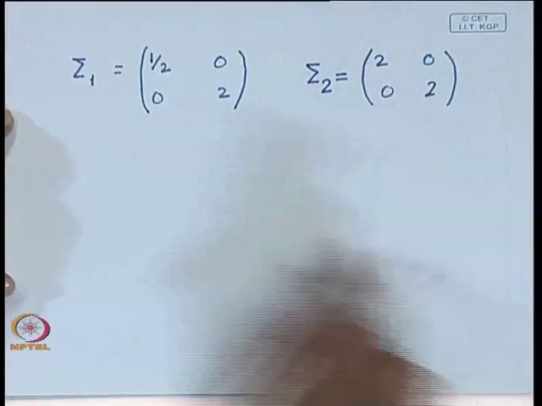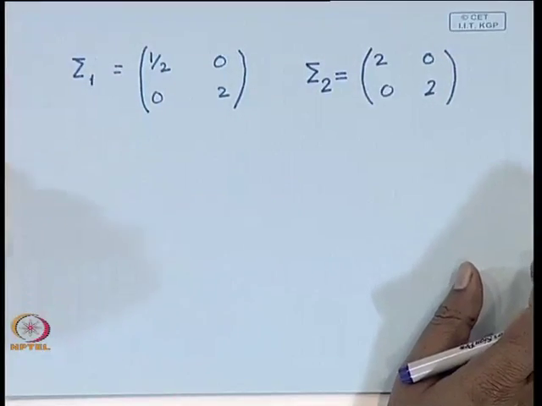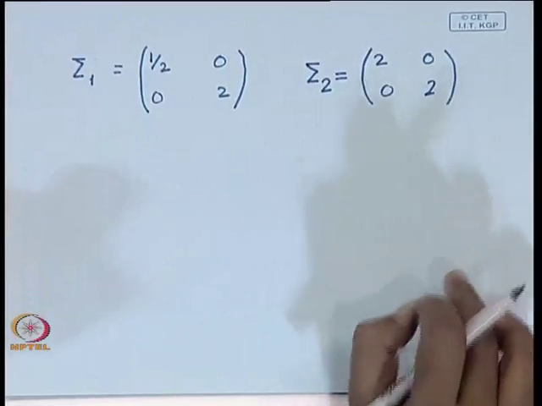So, you find that the covariance matrices of the two classes are different. And as they are different, the classifier is not a linear classifier, it will be a quadratic classifier.